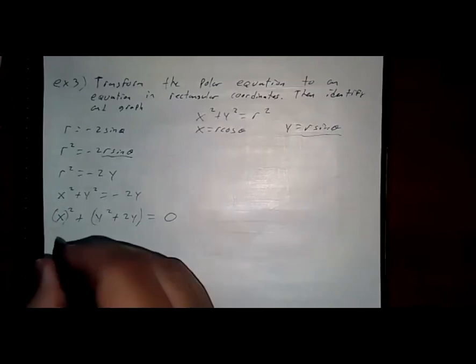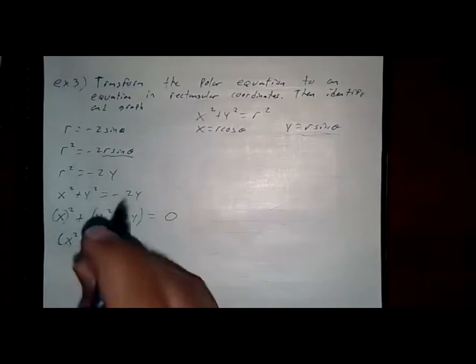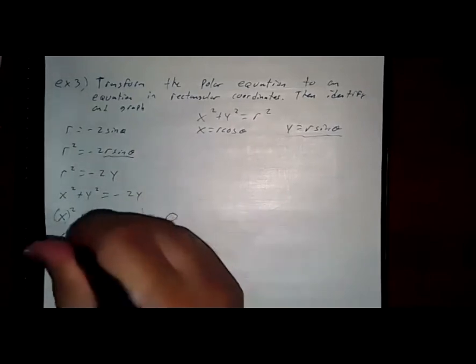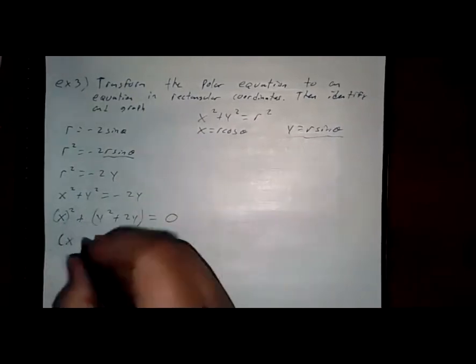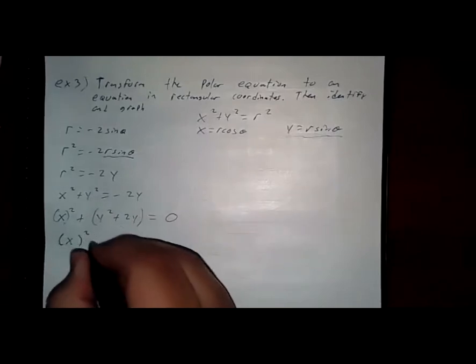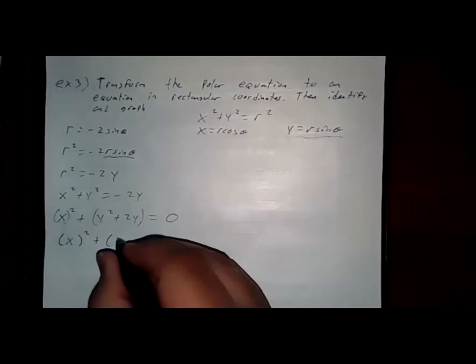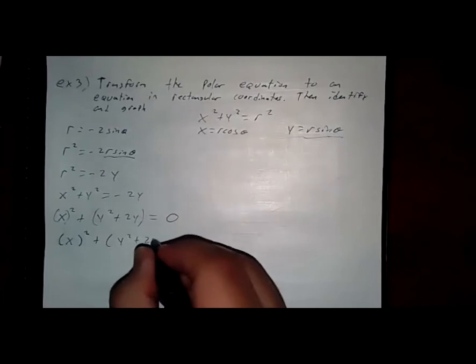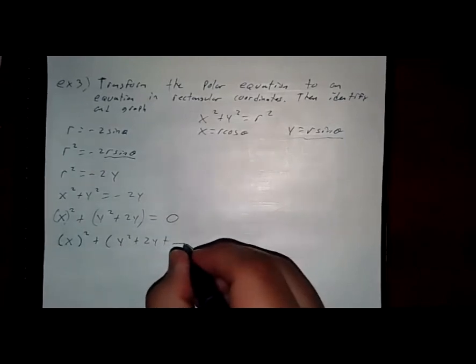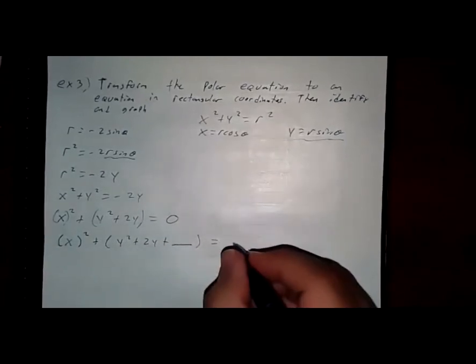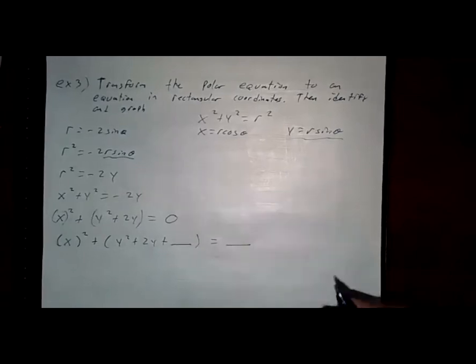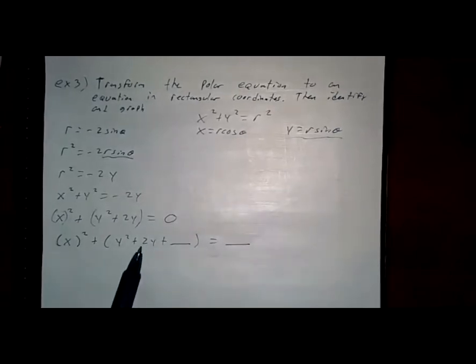Okay. So what is the special number that needs to be added? Right, so look at this, all the y terms here. Half of the b is going to be 1, right? 1. Square it.